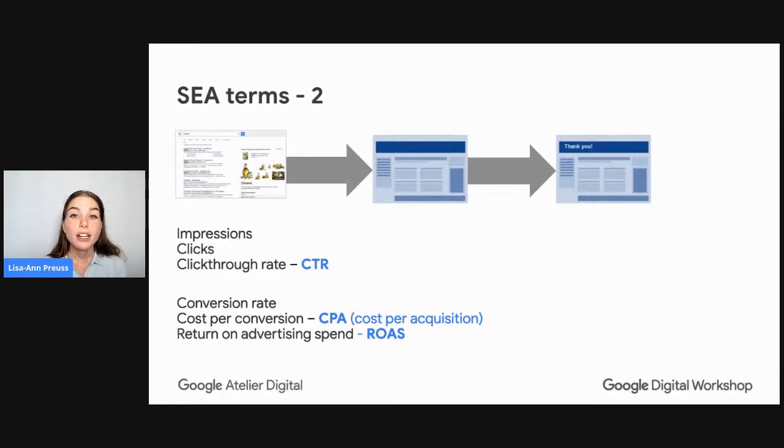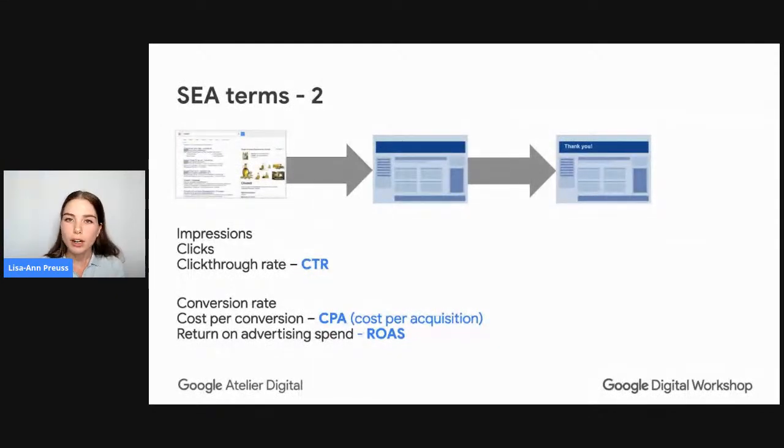The click-through rate can also be abbreviated with CTR. And so if you have a click-through rate of, let's say, 5%, that means that out of 100 users that saw your ad, approximately 5 actually clicked on it.